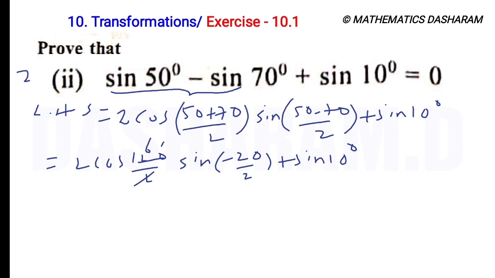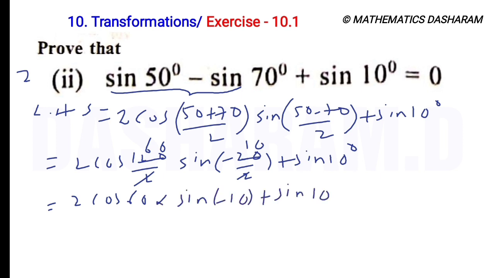So 2 into cos 60 degrees into sin minus 10 degrees plus sin 10 degrees. So 2 into cos 60 is 1 by 2, and sin minus theta becomes minus sin theta.